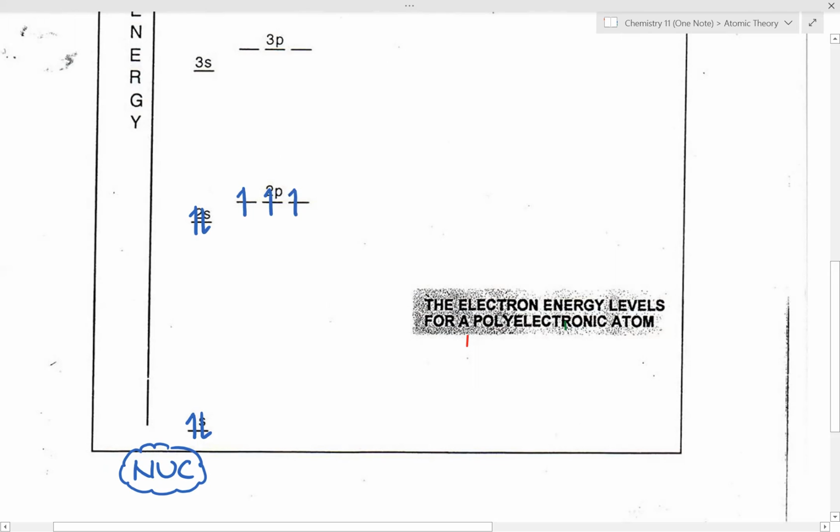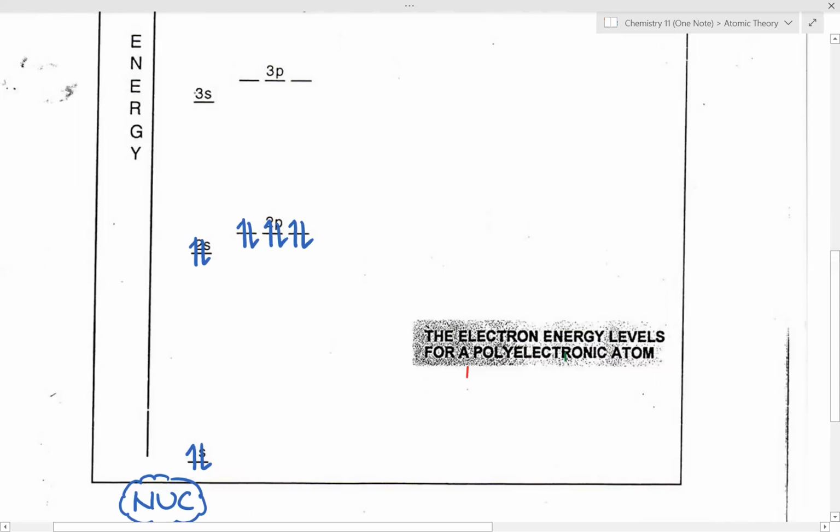The reason I spread it out is because since there were 3 lines, I spread it out first, and then 1, 2, 3 more. So what I've drawn is 2, 4, 6, 8, 10 electrons. We keep on moving up. 10, 11, 12, 13, 14, 15, 16.